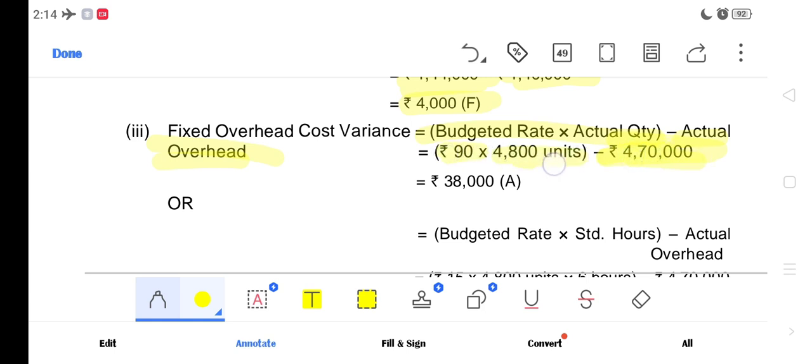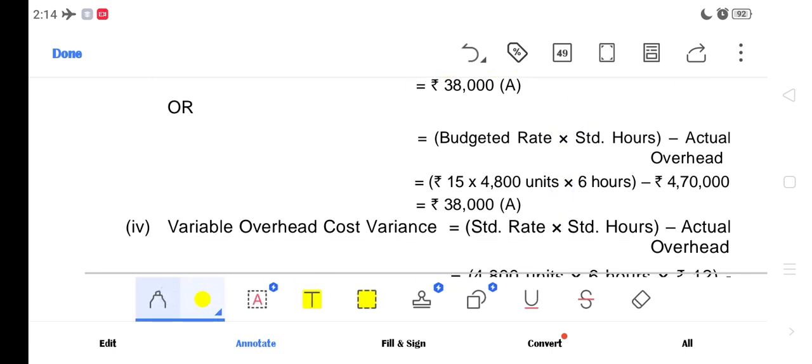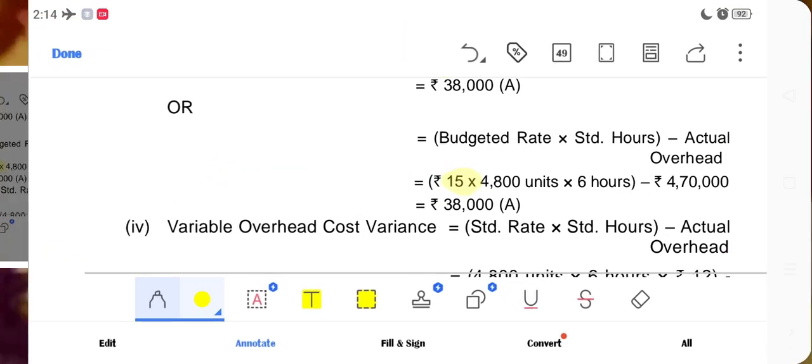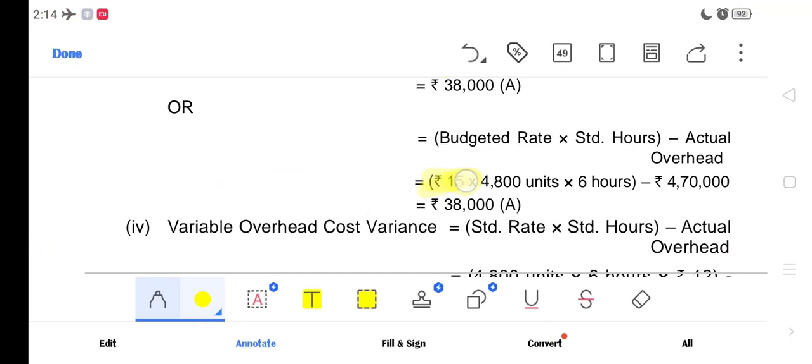Here he has done directly 90 into 4,800. He knows that we may not understand this, that's why he has given the explanation. I already told you, 4,50,000 divided by 30,000 you get 15. This 15 rupees into 4,800 units produced.